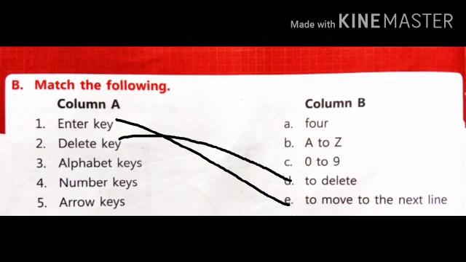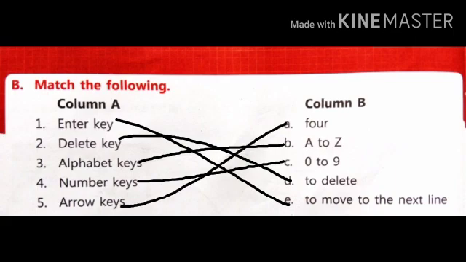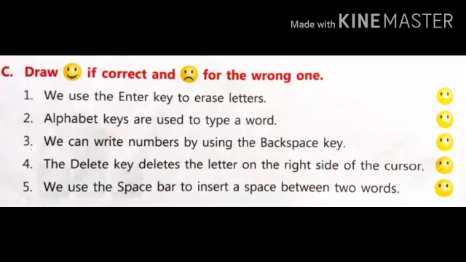And the answer is B number, A to Z. 4 number, number keys. The answer is C number, 0 to 9. 5 number, arrow keys, and its answer is A number, that is 4. So match it. Now the next question.